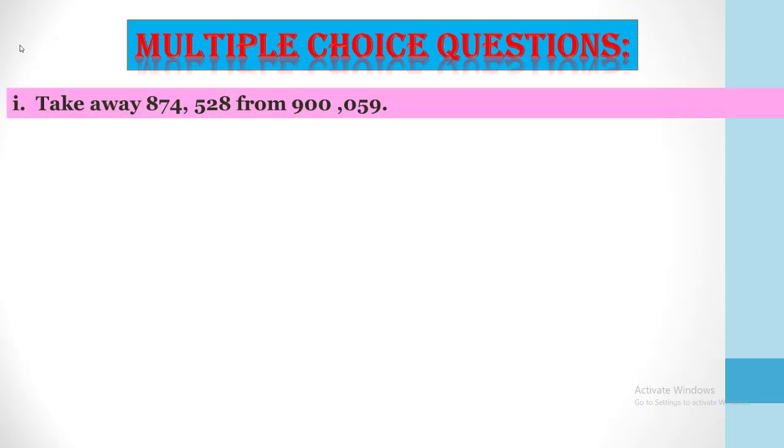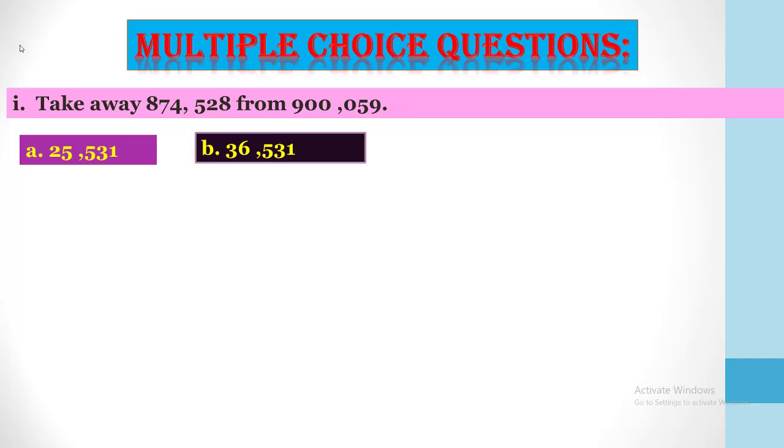Multiple choice questions. In the first one, you have to take away 874,528 from 900,059. First option is 25,531. Second option is 36,531.